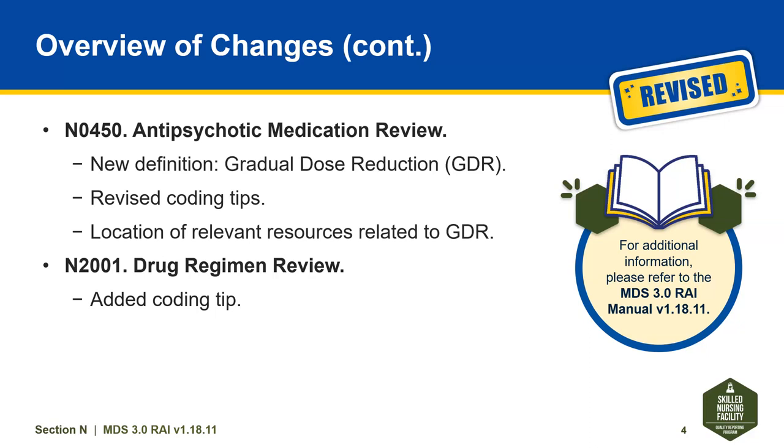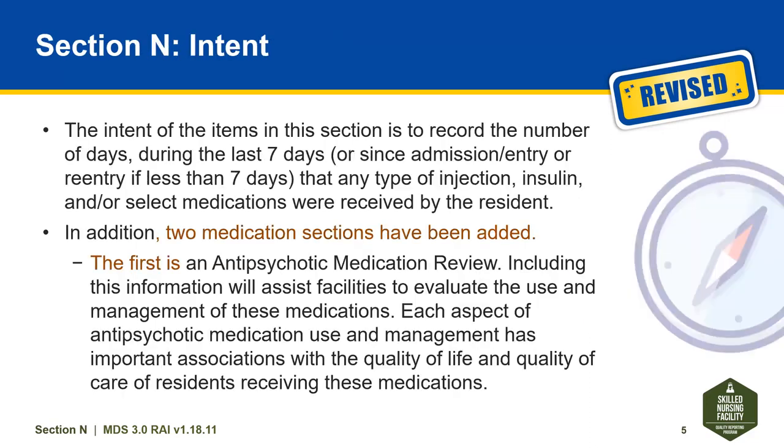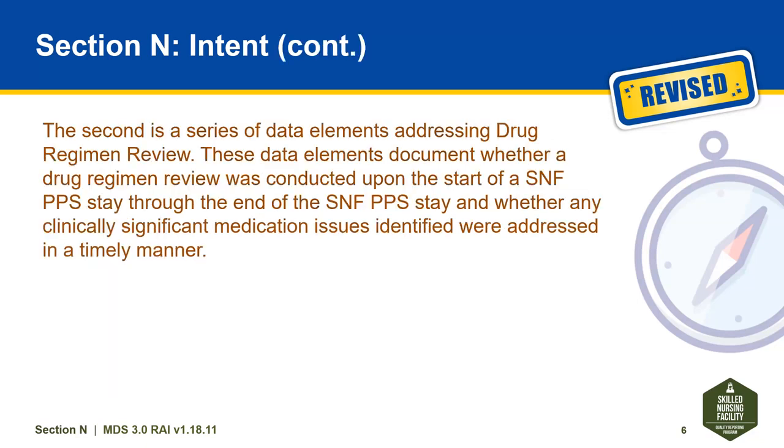Now I will review the changes to Section N in a little more detail. I'll begin with the section intent. There have been a few revisions highlighted here on the slide and on the next. Two medication sections have been added. The first is antipsychotic medication review. The second is a series of data elements addressing drug regimen review.